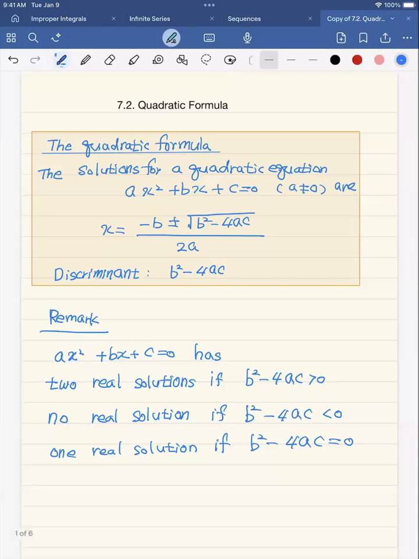Here is the terminology. The discriminant is what's written under the square root sign. That's b squared minus 4ac. Depending on that number, the given quadratic equation may have two real solutions, or no solutions, or one real solution.